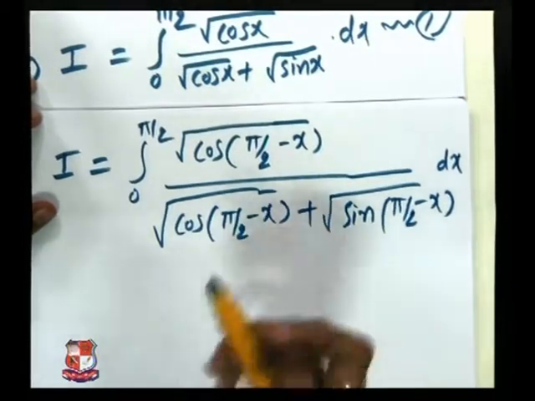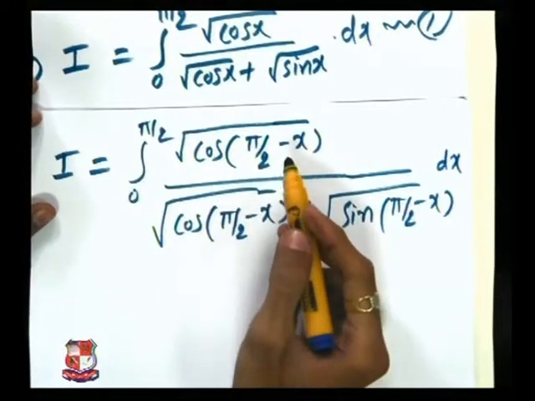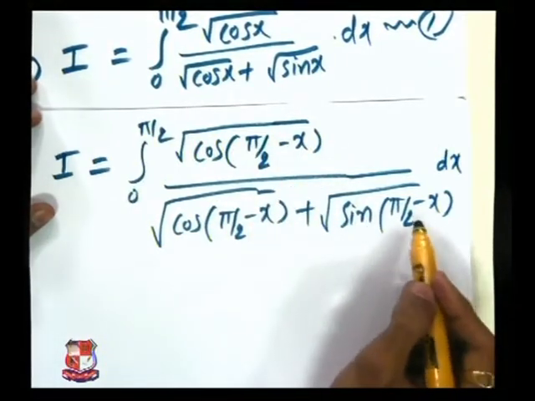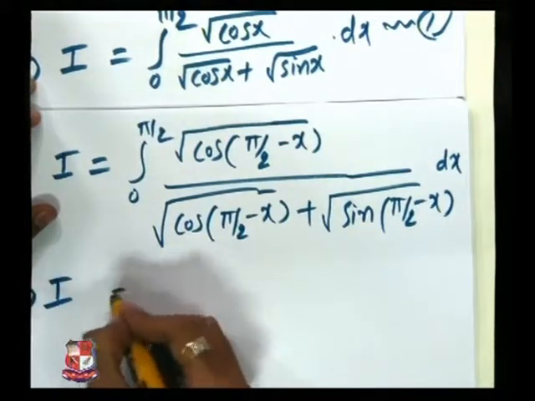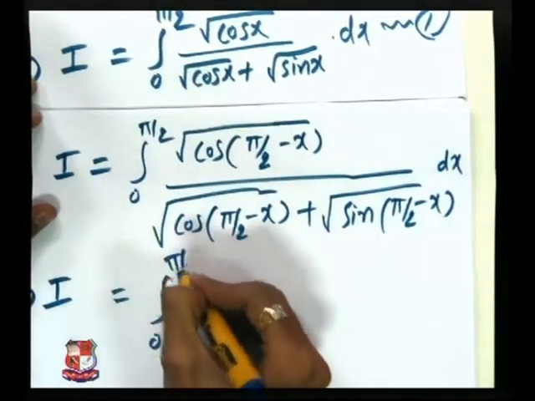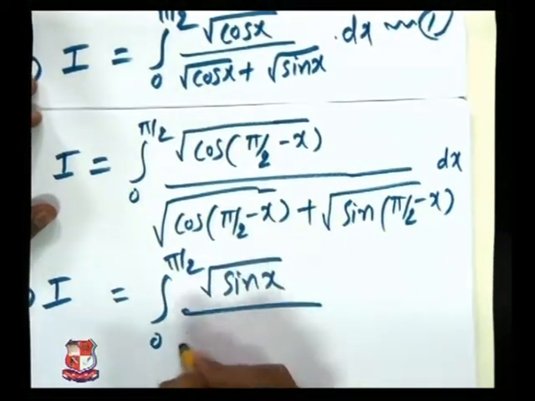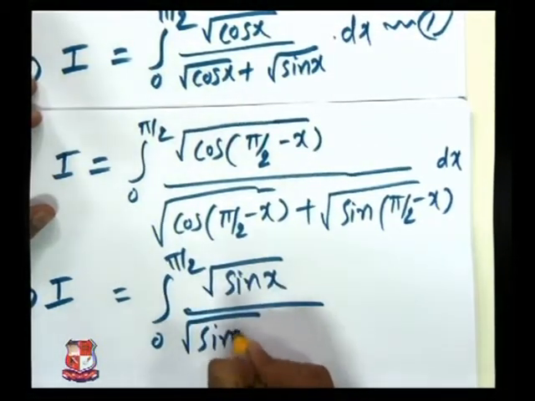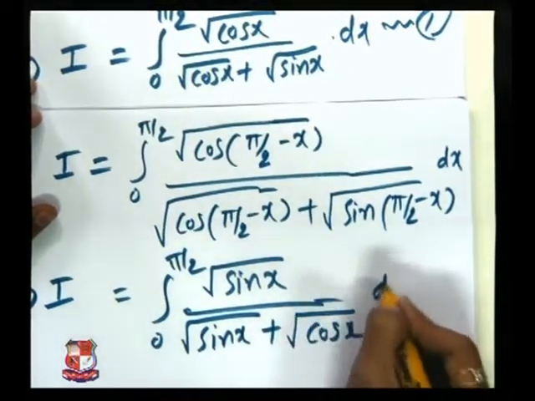As we all know, cos pi by 2 minus theta is equal to sin theta, and sin pi by 2 minus theta is equal to cos theta. So I is equal to 0 to pi by 2 root sin x upon root sin x plus root cos x dx.